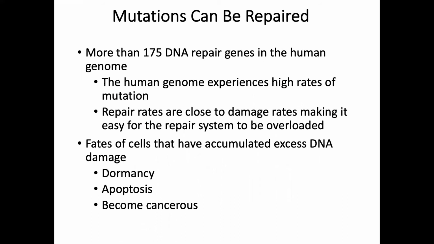And the repair rates are close to damage rates. However, if the DNA damage is too much for our body to fix, the cells will choose to stop growing. That means they go into dormancy, okay, or die. That means they go to apoptosis. But in rare cases, the unfixed cells can become cancerous. We will talk about that a little later.